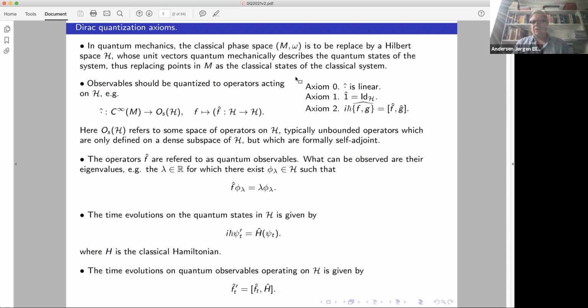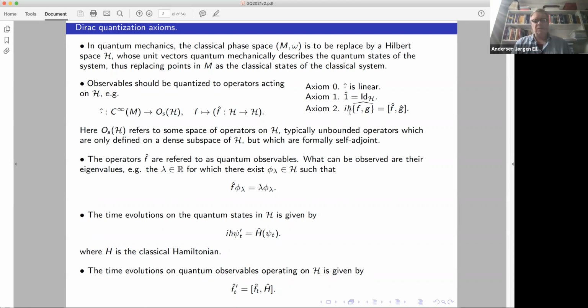And so we have these three well-known axioms of Dirac. The operation hat here, which is this association of operators to observables, is supposed to be linear. When you apply it to the function 1, you should get the identity in the Hilbert space, and then you should have this very nice relation that relates the classical Poisson bracket of observables with the commutators in the space of operators, just like this.